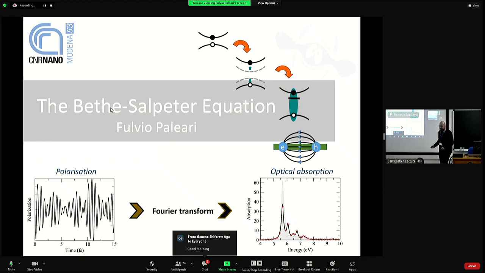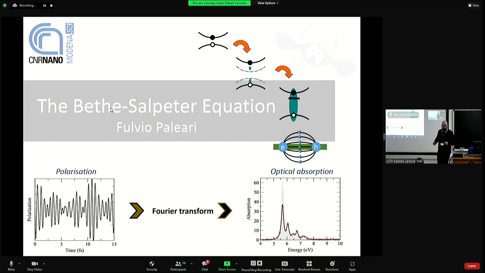But actually, when we study neutral excitation, for example, light absorption by the electronic structure of the material, sometimes in semiconductors, the light absorption happens at an energy that is lower than the band gap. And this is because of the electron-hole interaction between the excited electron and the hole that remains in the conduction band. So basically this picture.